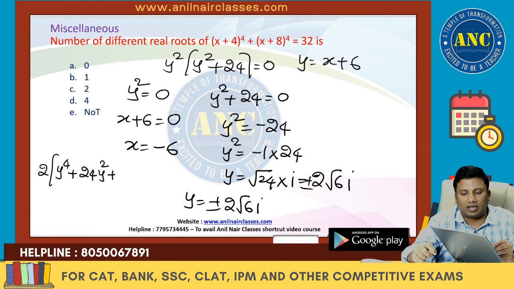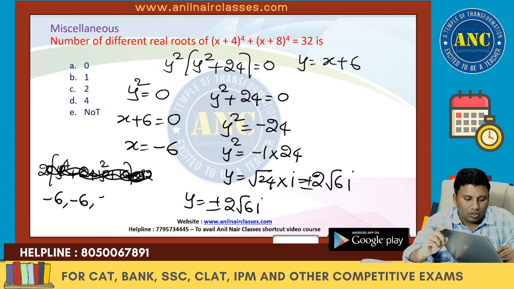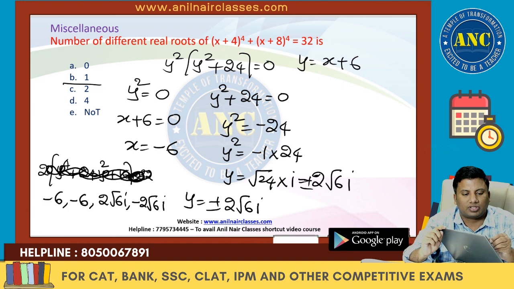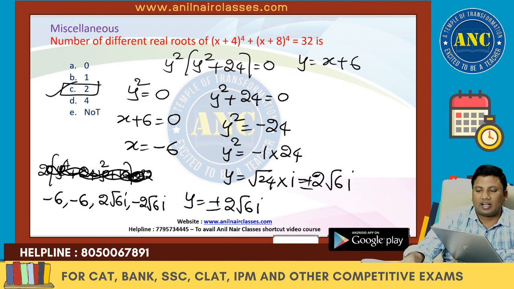This is nothing but 2 power 4, 16, equivalent to 32 we got, I think. It is clear, right? So what are the roots? Minus 6, minus 6, 2 root 6i and minus 2 root 6i. The number of different real roots is, the answer is 2. I hope it is clear, right?